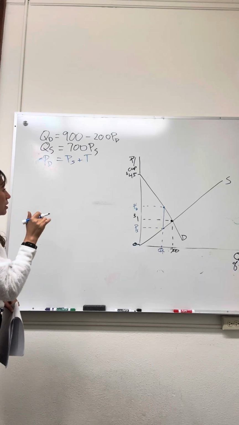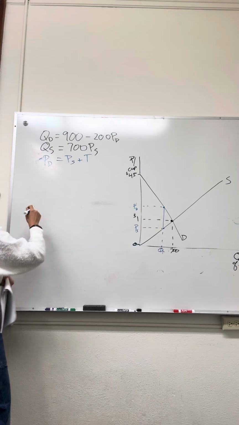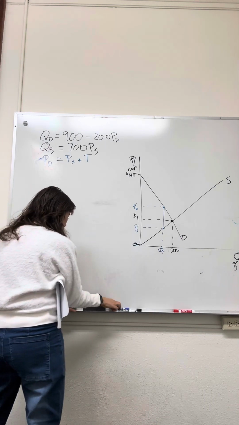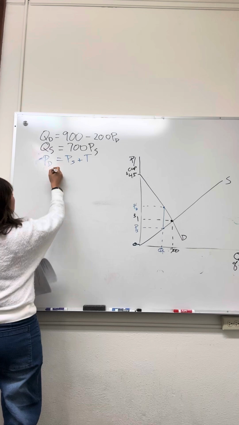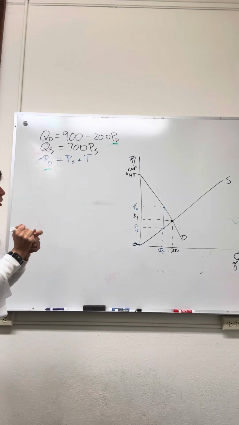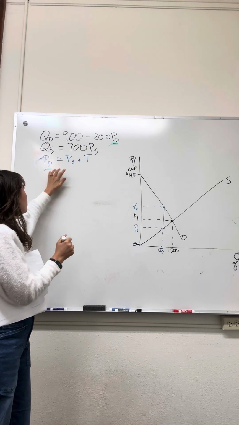And so step one is going to be to find the QD prime that considers the tax.